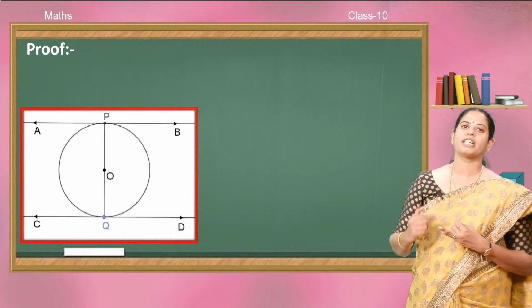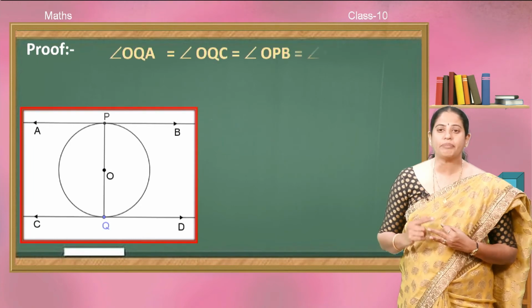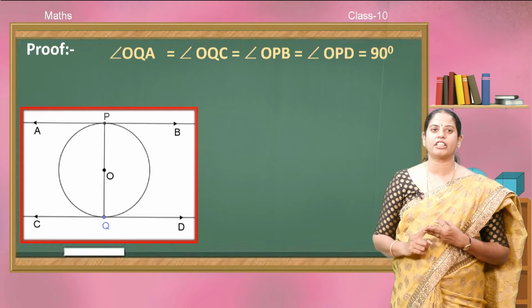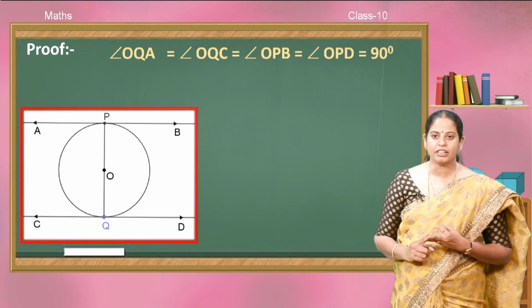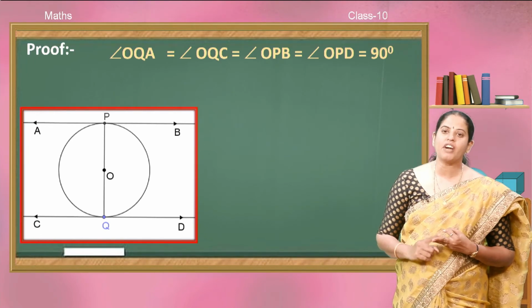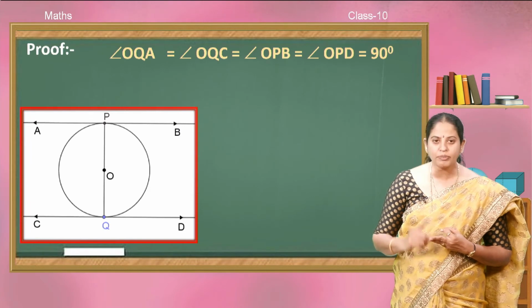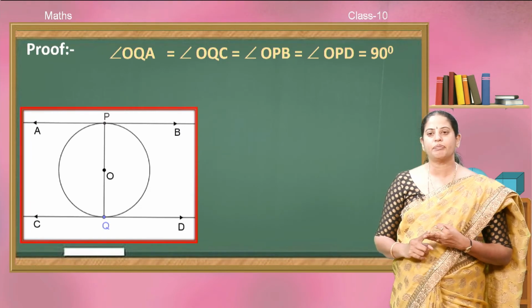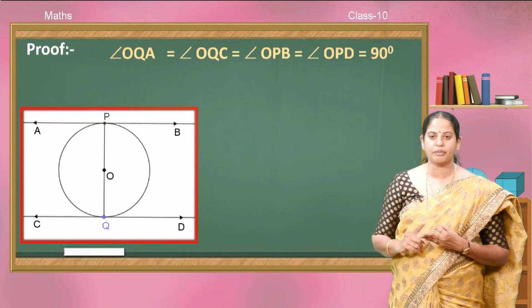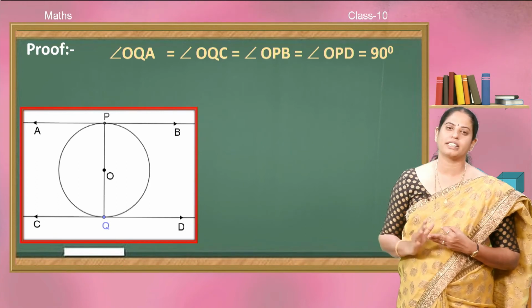If a pair of alternate angles are equal, then those two lines are parallel. If the sum of interior angles on the same side of the transversal is 180 degrees, then those two lines are parallel.